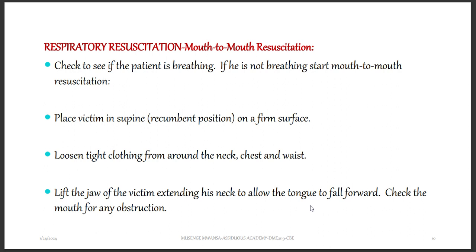And the reason you are doing this is you want to make sure that air can go in. So you extend the neck. Extending the neck means pushing the head backward. Remember, the person is lying down, but you push the head backward like that, so that air can go in.